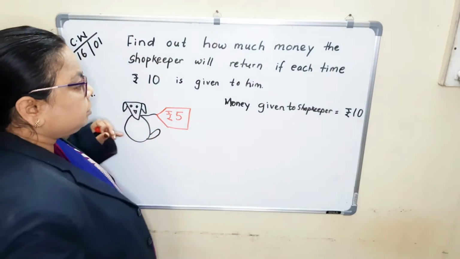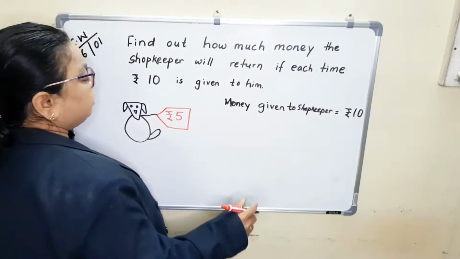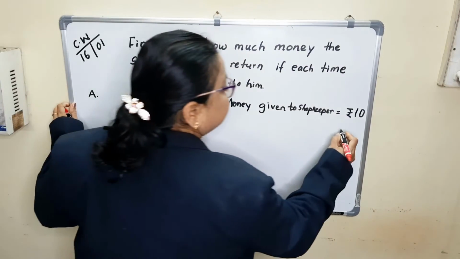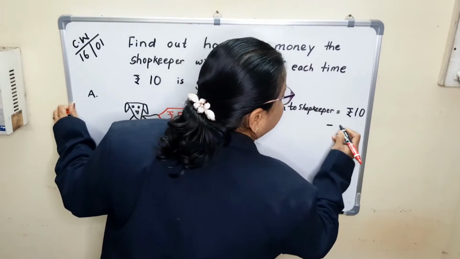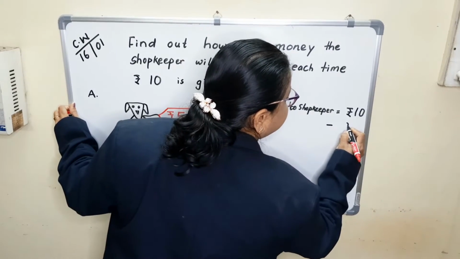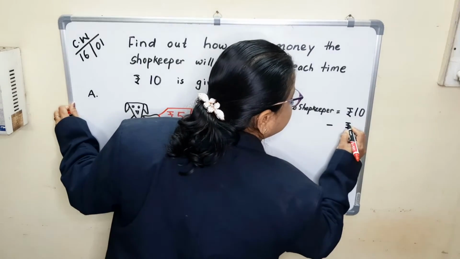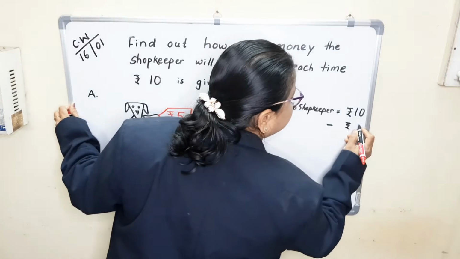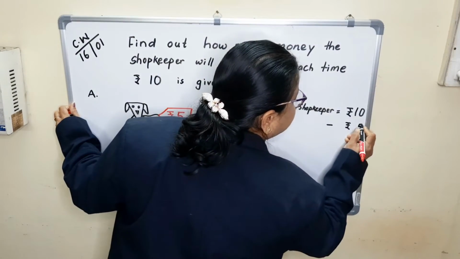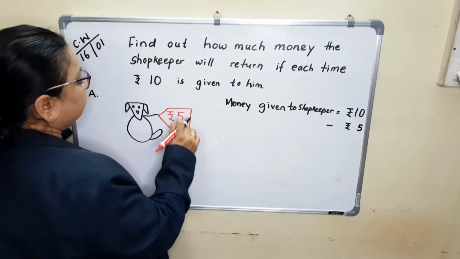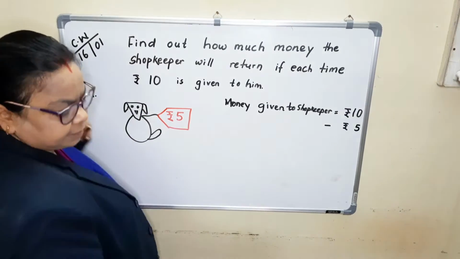What will the shopkeeper do? The shopkeeper will take rupees 5, because the cost of the dog is 5 rupees, children.